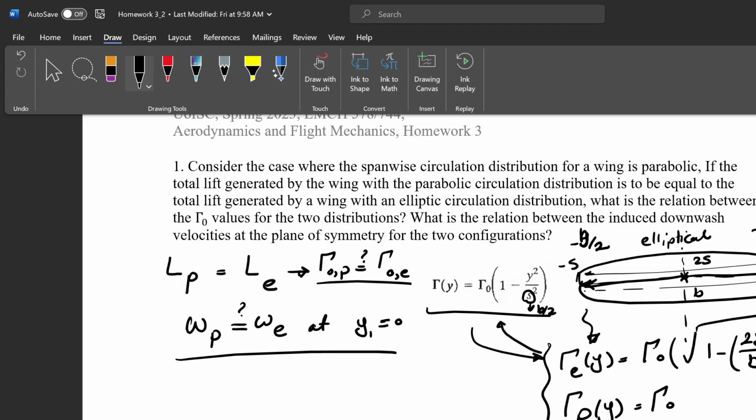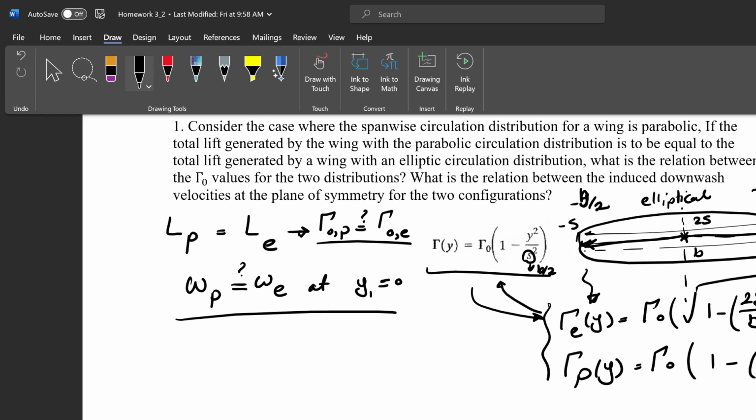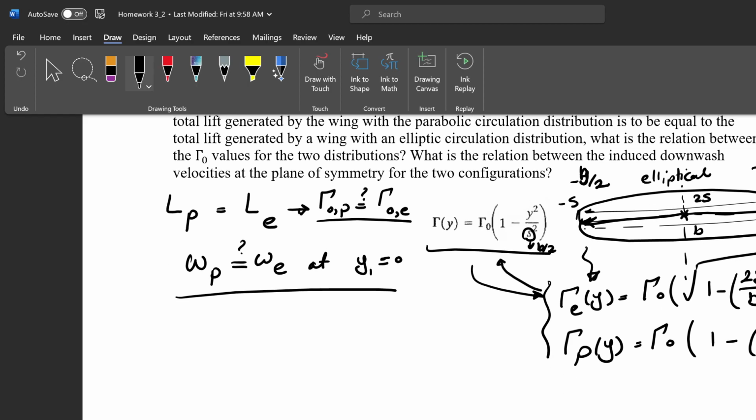Gamma naught times 1 minus (2y over b) squared. This is actually the starting point. You just have to make sure that your parameters, the things that you are naming and everything, are consistent, right?